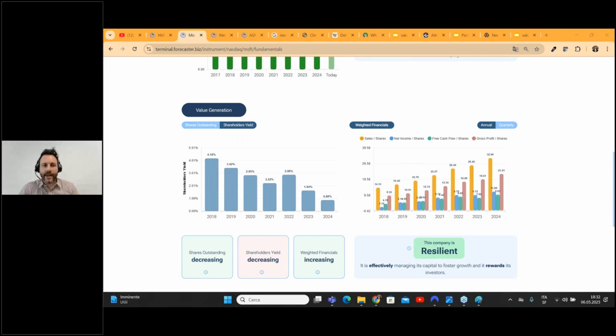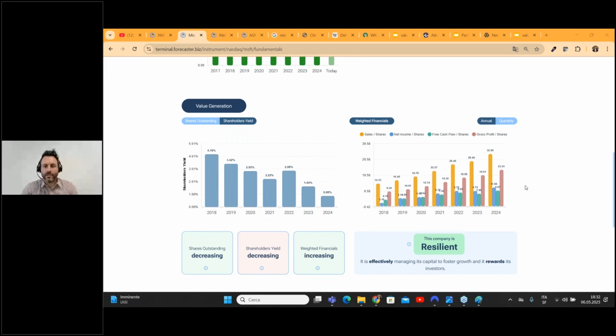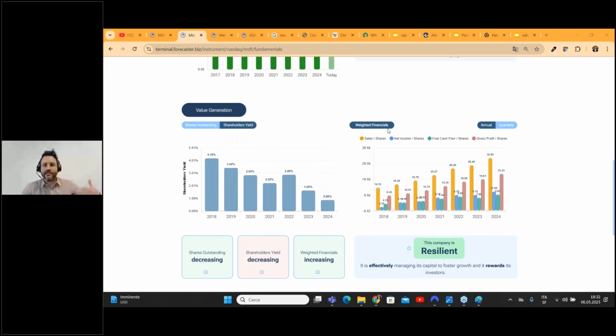It means that the company, year by year, is becoming more efficient. These are very important ratios because you really understand if the company is getting better year by year. Avoid companies that have these ratios going down because it means they are not improving their efficiency.